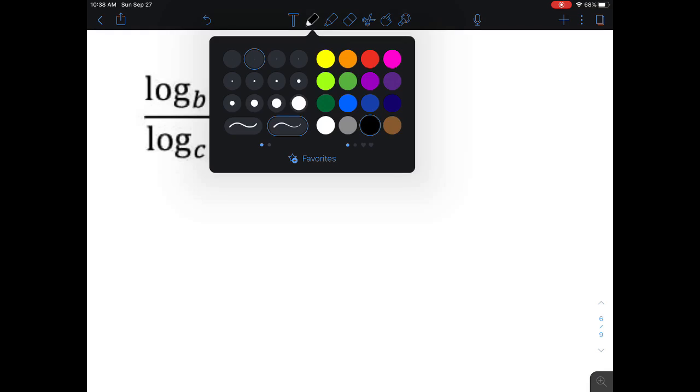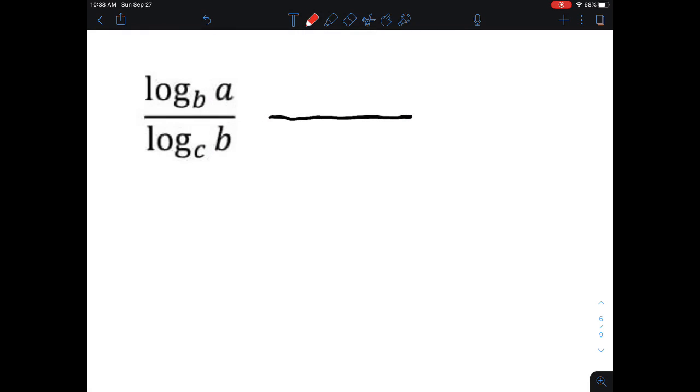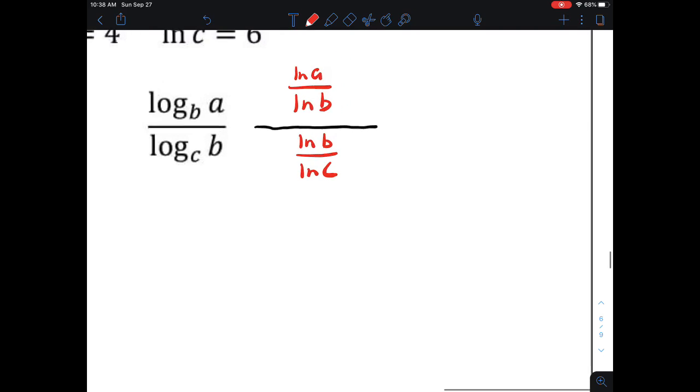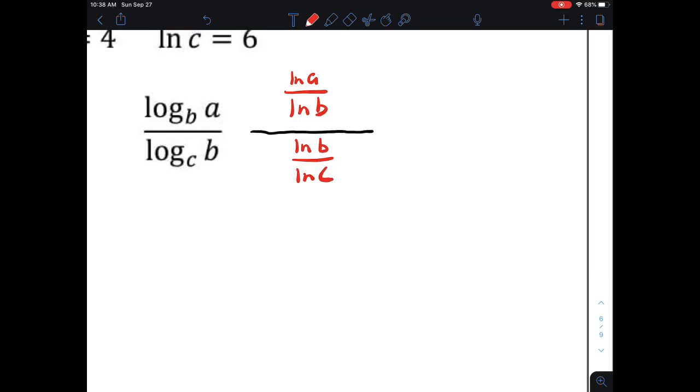And so I need to do the change of base for the numerator and the denominator. Well, for the change of base formula, I'm going to use the ln. So my numerator would be the ln of A over the ln of B. And then my denominator would be the ln of B divided by the ln of C using the change of base formula.